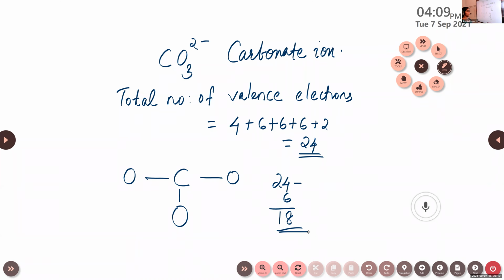So how can we distribute these electrons as lone pairs, Pooja? How many electrons on each oxygen atom? Shabari, can you tell me? 6 electrons. Because 18 electrons are remaining, we will distribute 6 electrons to each oxygen atom.